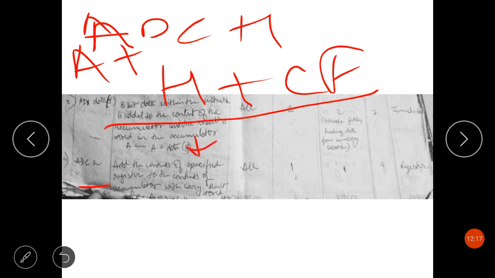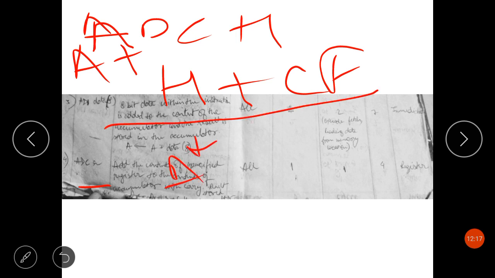What this instruction will do is add the content of the accumulator with the content of a register, whatever register. Suppose I have written ADC H. What this instruction will do is add the content of the accumulator with the content of register H, and it will also add the content of the carry flag. And the result will get stored in the accumulator.